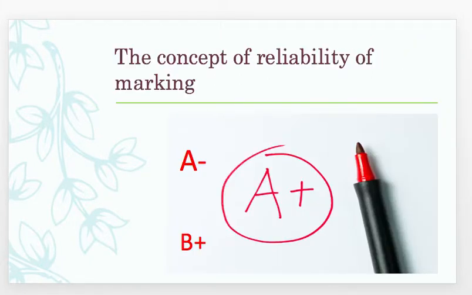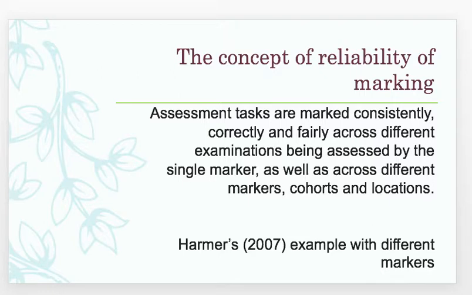Another question to cover is the concept of reliability of marking. According to Harmer, assessment tasks should be marked consistently, correctly, and fairly across different examinations, by a single marker as well as across different markers, cohorts, and locations.